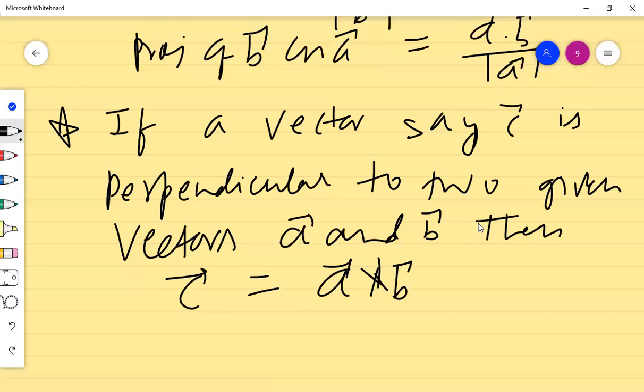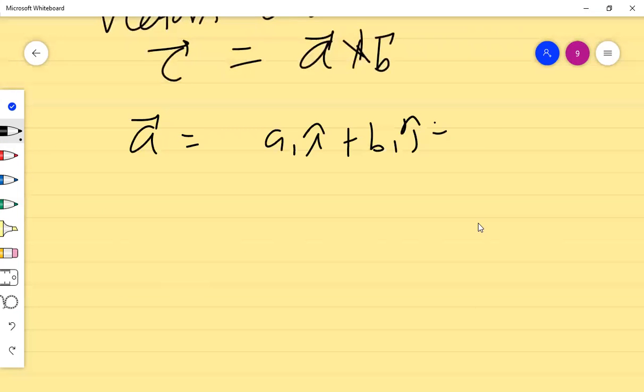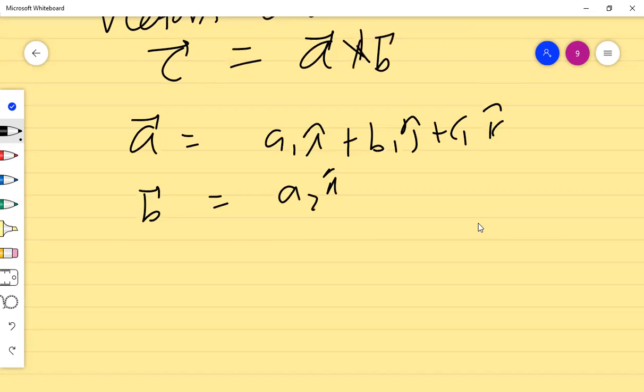And how do we find the cross product? The $1 million question. Suppose we have vector A equals A1 I cap plus B1 J cap plus C1 K cap, and B vector is A2 I cap plus B2 J cap plus C2 K cap.